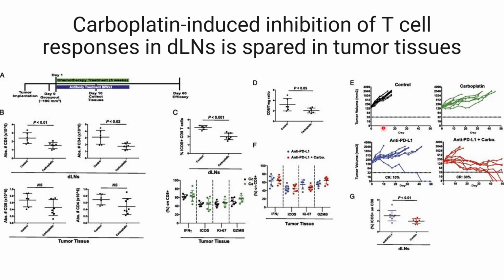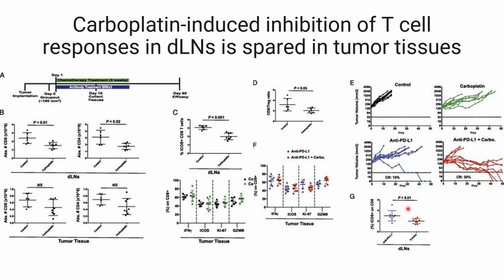And then when they check the tumor conditions within the different mouse models, they can see that in the case of anti-PD-L1 plus carboplatin, there is a decrease in the volume of tumor growth.